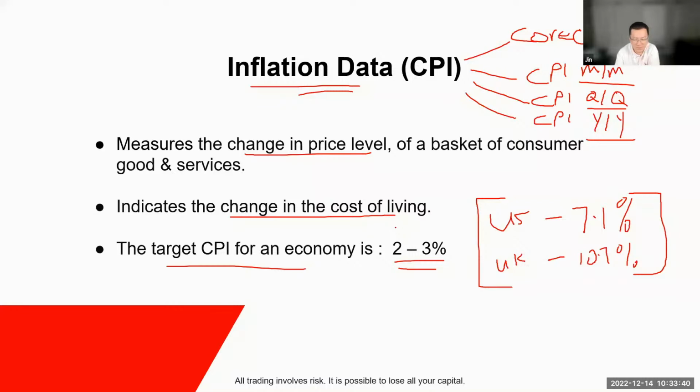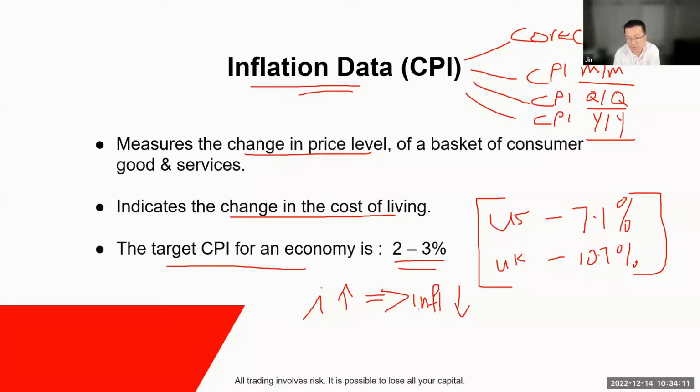So it's multiples above the target level, which is why we're seeing the central banks increasing interest rates just to try and bring down CPI. So you see that as interest rates increase, typically we should see inflation drop, right?